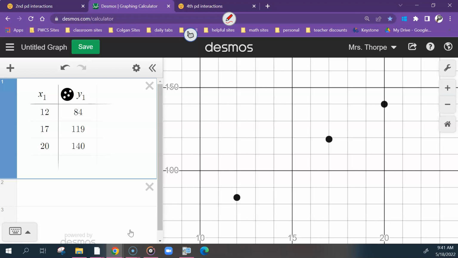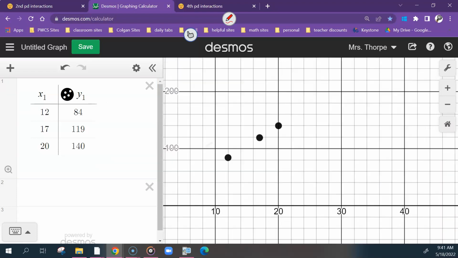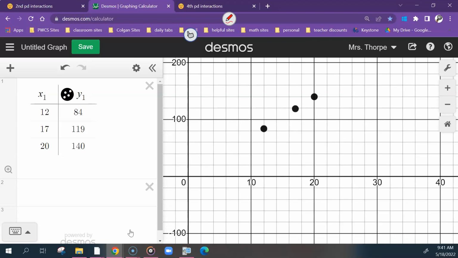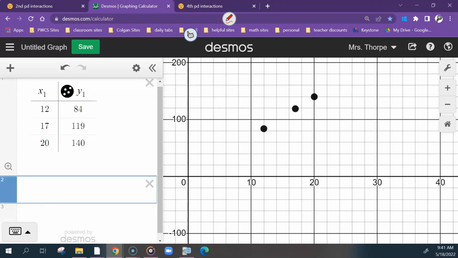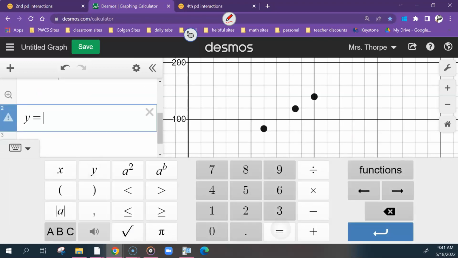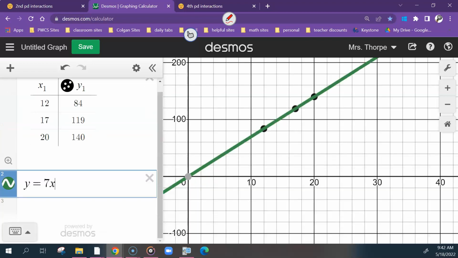If I zoom out, it does look like it's going to go through 0, and then you could divide. What's 84 divided by 12? 7. 119 divided by 17. 140 divided by 20. So if I type in y equals 7x, yes.